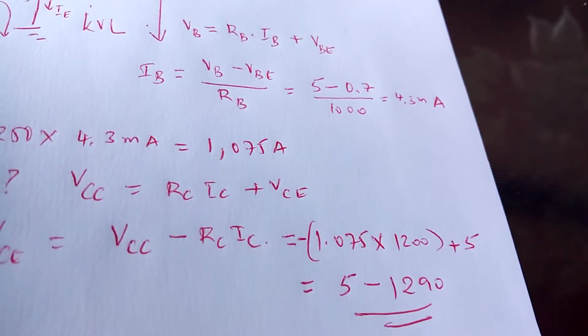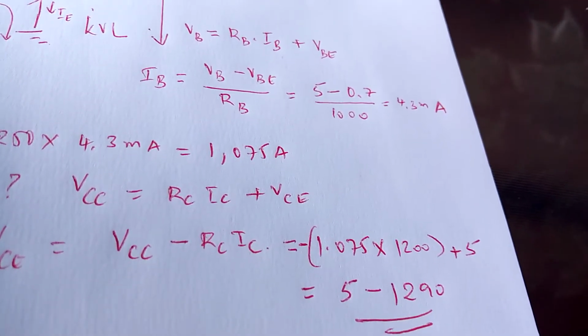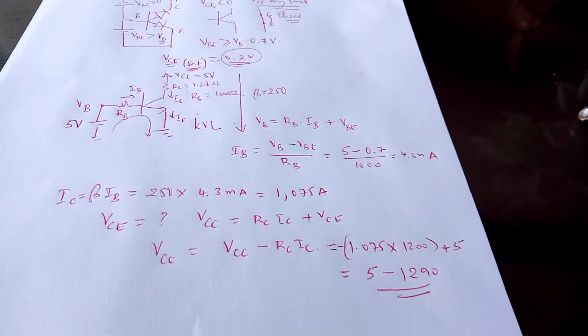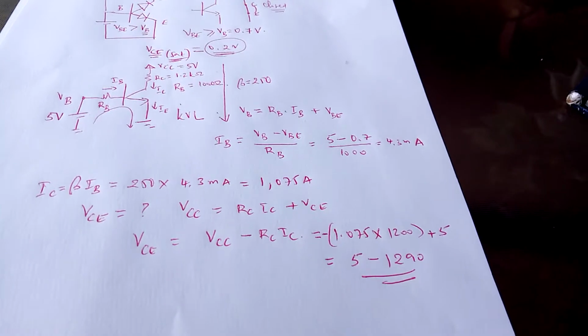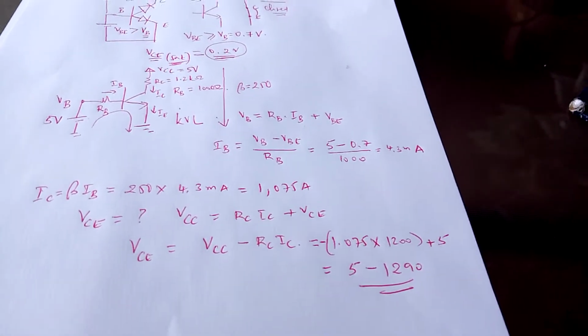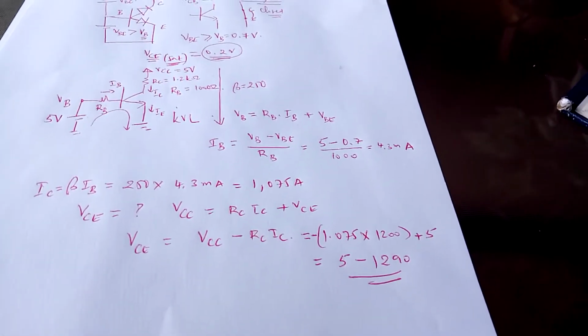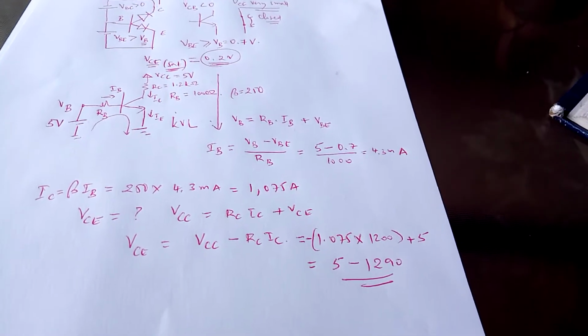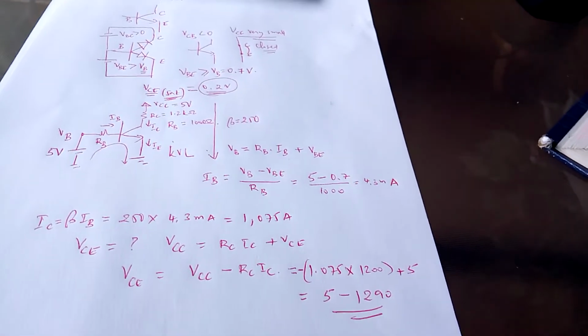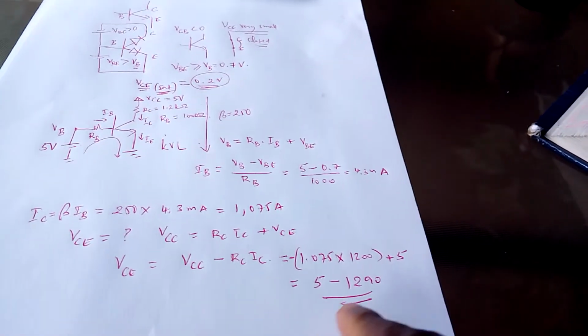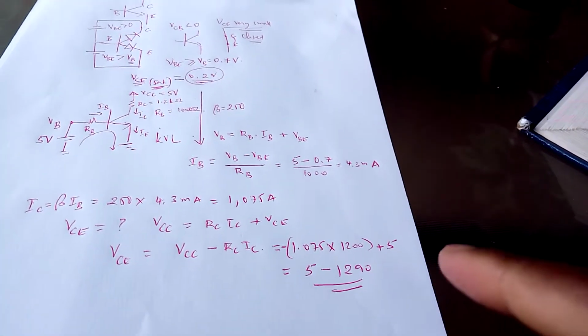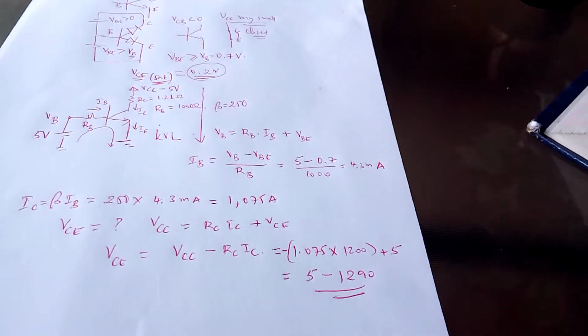So this proves that, because of course in analyzing this, we went from the assumption that the transistor is operated in active mode and did all the analysis accordingly. But as we carry on, we realize that we can't get a VCE value which is supposed to be positive.